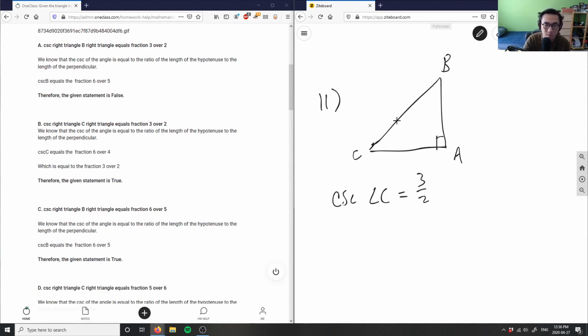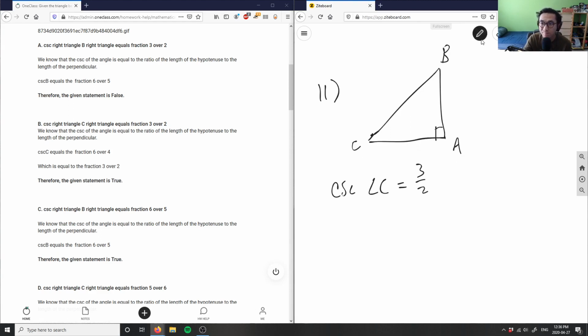So based off this true statement, I'm going to see if I can redraw the triangle for you and explain this question. Cosecant angle C equals 3 over 2 is the exact same thing as saying 1 over sine, right?